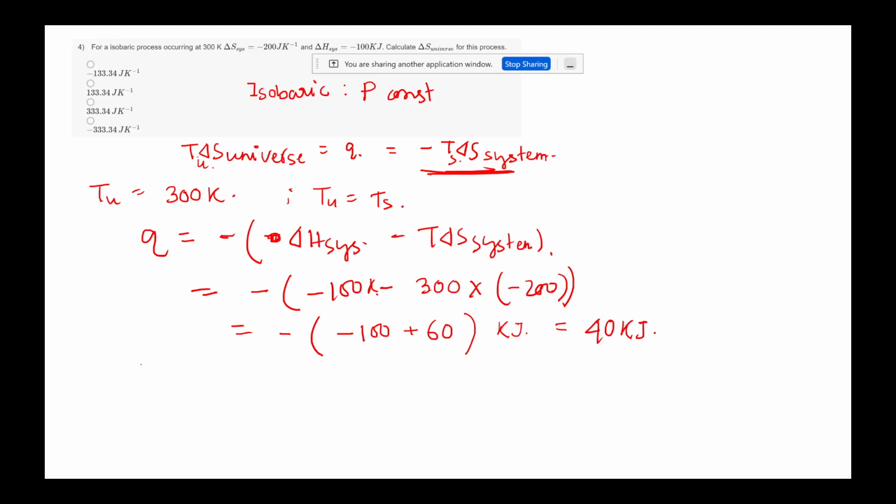Now delta S universe will be 40 divided by 300. Now this is kilojoule, this is kilojoule into Kelvin inverse. Now if you do these calculations, let me do the calculations.